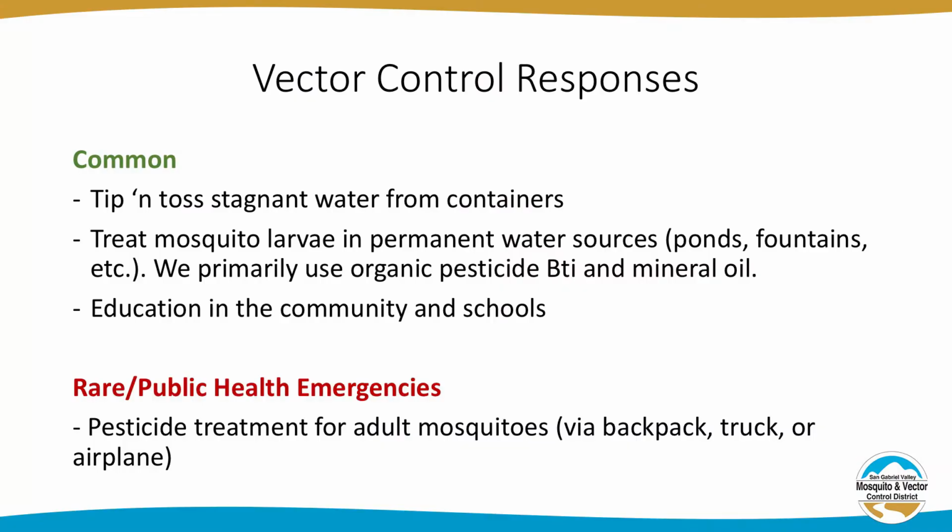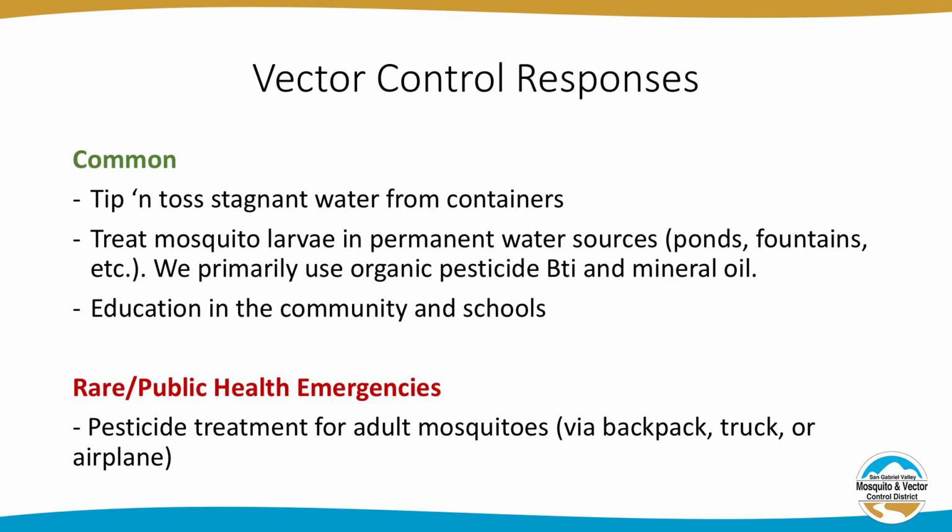We also do a lot of treatments in water sources, where we target the mosquito larvae in the water. And a lot of the pesticide that we do use is an organic pesticide called BTI. It's a bacteria that's used a lot in organic farms, and you can find it in the pool supply section of hardware stores.